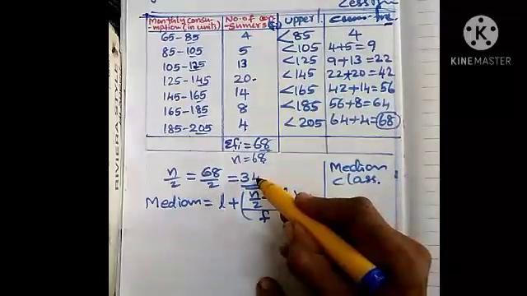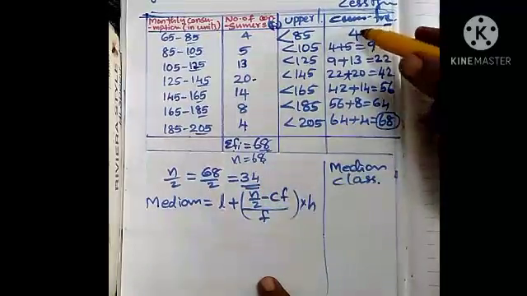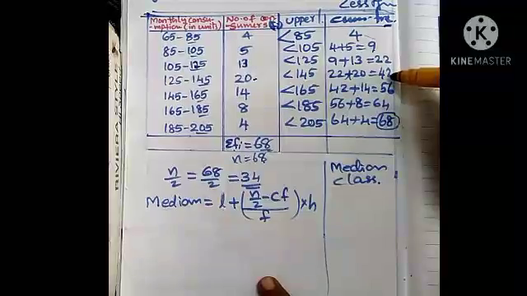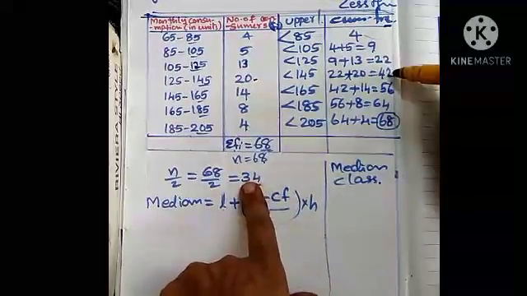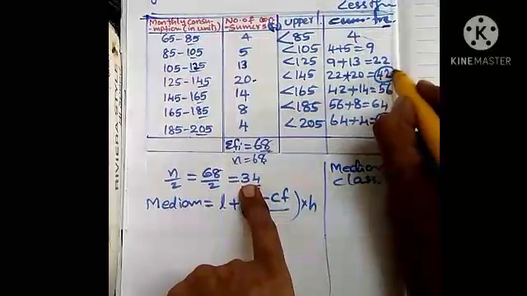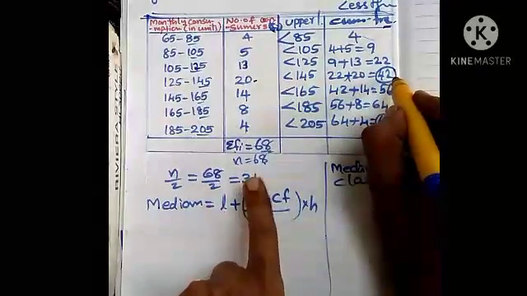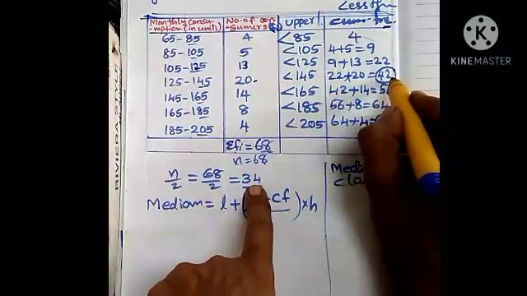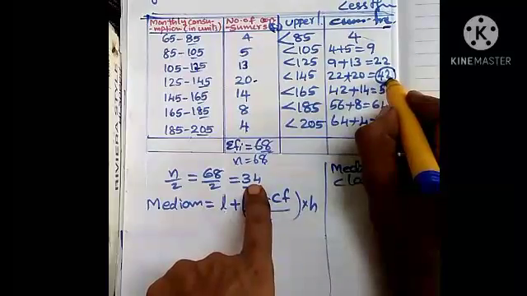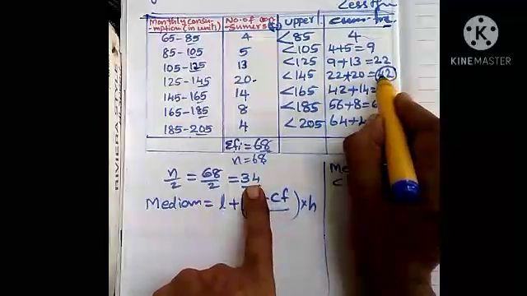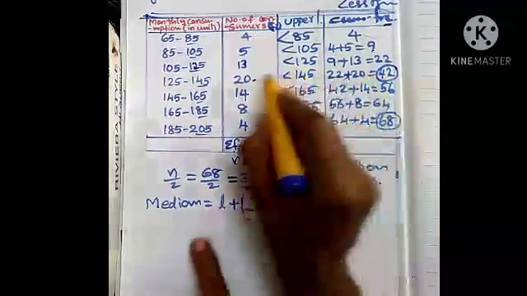So which class do we select as the median class? Looking at 4, 9, 22, 42, after 34 the number that comes is 42. In the cumulative frequency column, you select the cumulative frequency just more than n by 2. And corresponding to 42, which class is there?